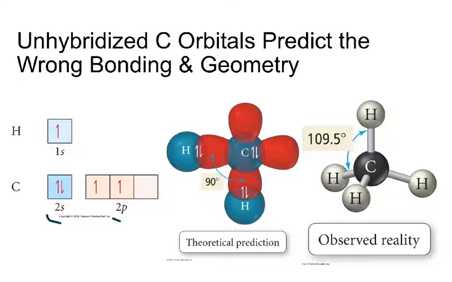If you neglect Lewis theory and just think about interacting half-filled orbitals, you would predict that 2 hydrogens would bond with these half-filled orbitals, and you would get a 90-degree separation from the p orbitals, and that's not what happens. We see 4 hydrogens bonding with the bond angle of 109.5 degrees as predicted by Lewis theory.